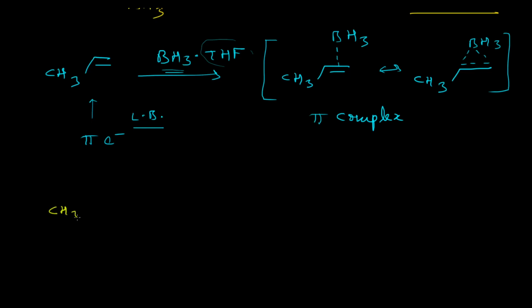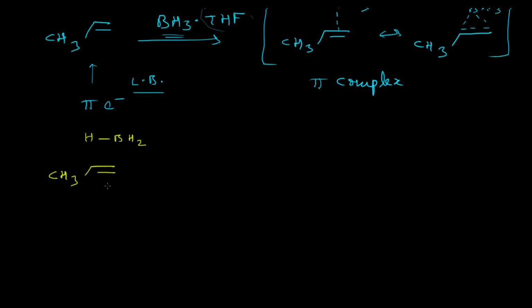So now the nucleophilic attack by the alkene molecule will take place at the electron deficient boron center of the borane molecule. So the double bond can break in two ways. Either it will break in this way, or it can break in this way.